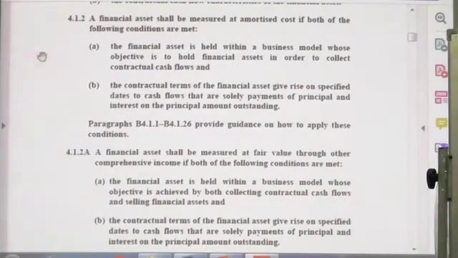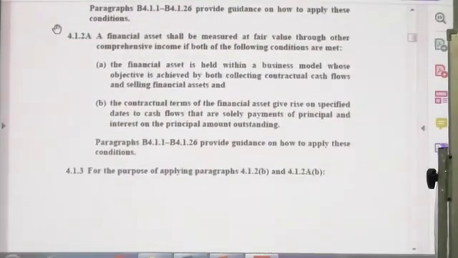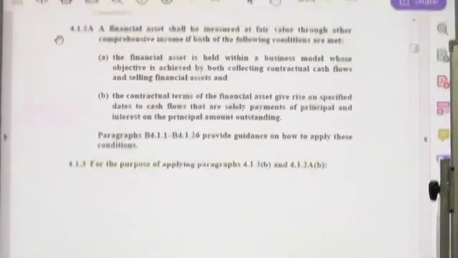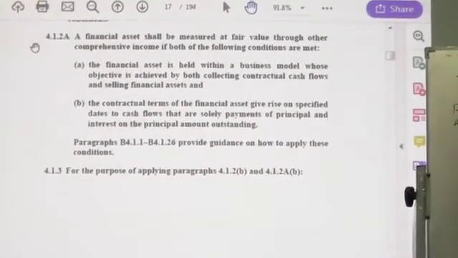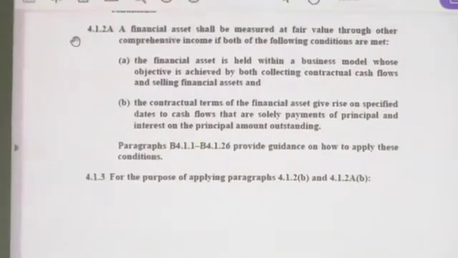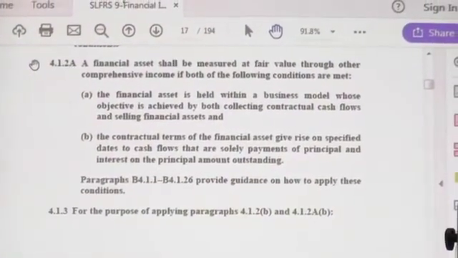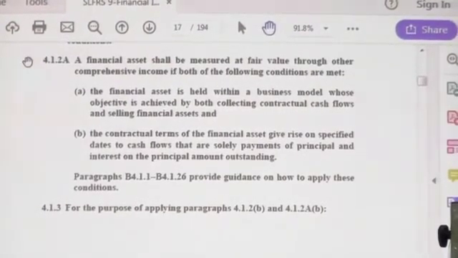In front of 412, investment on debt at amortized cost. 412A, investment on debt at fair value through OCI. Is that clear? 412A, investment on debt at fair value through OCI. SPPI satisfied, hold to collect and sell satisfied.